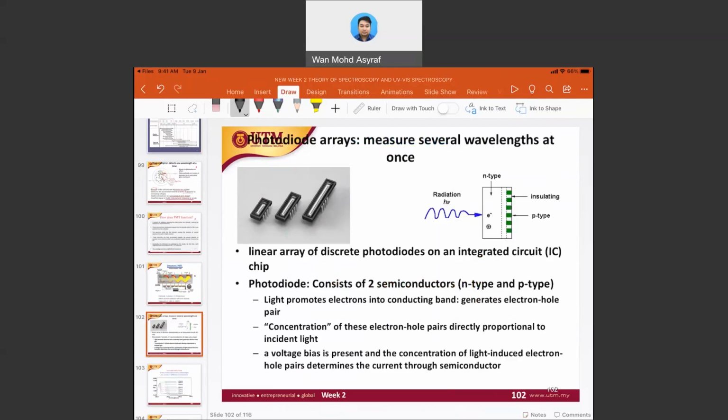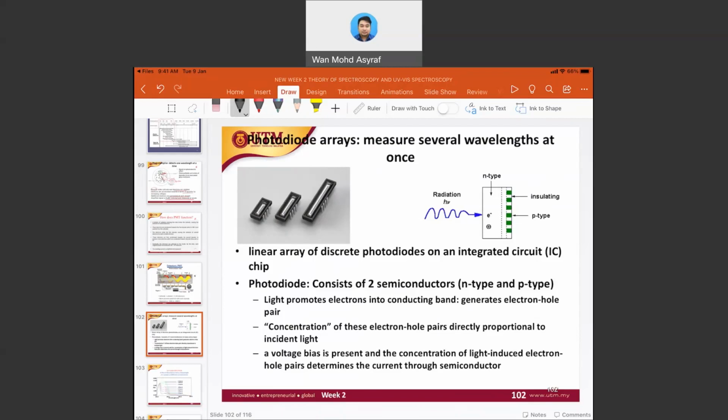The photodiode consists of two semiconductors, the N type and the P type. The light promotes an electron into the conducting band, then generates an electron hole pair. The concentration of electron hole pairs is directly proportional to the incident light.